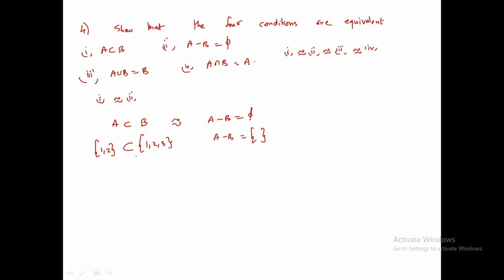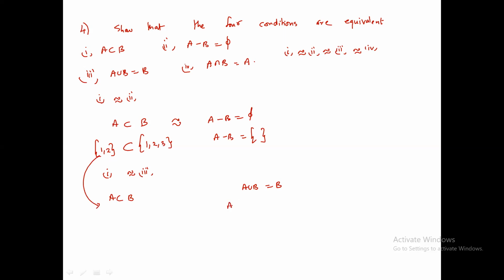Similarly, we will prove 1 is equivalent to 3. How will we prove 1 is equivalent to 3? We will take A as a subset of B and we will take A union B is B. The same example we will take, whatever we have taken here.